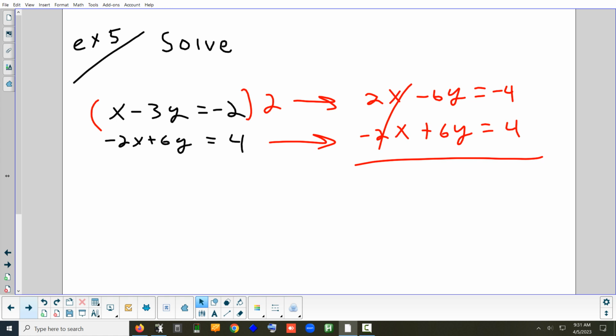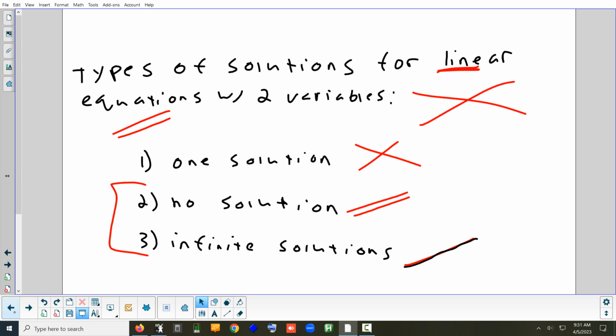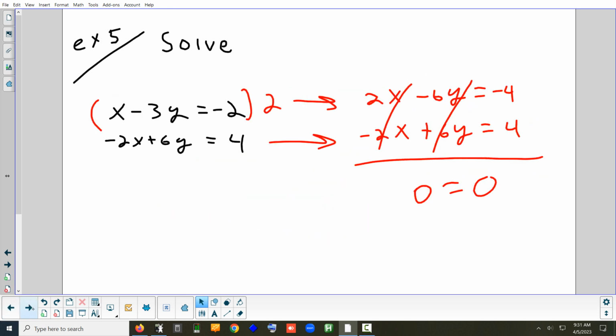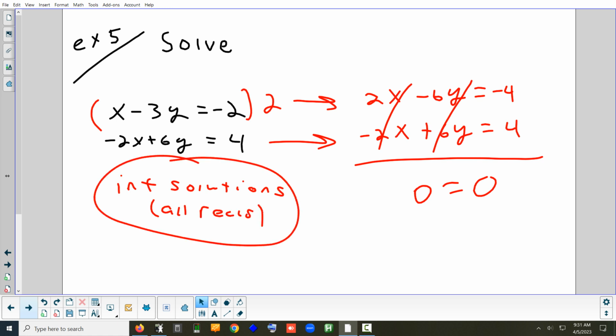What's negative 6y plus 6y? 0. What's negative 4 plus 4? 0. So this is another special case because all the letters are gone. So now it's one of these two: either no solution or infinite solutions. Which one? Infinite solutions. We could also say all real numbers. Every single number is a solution to that problem, no matter what you plug in.